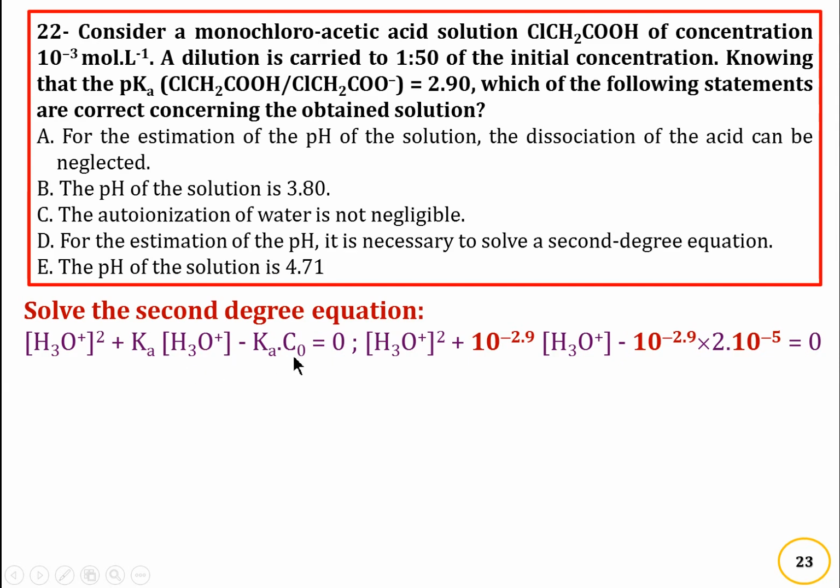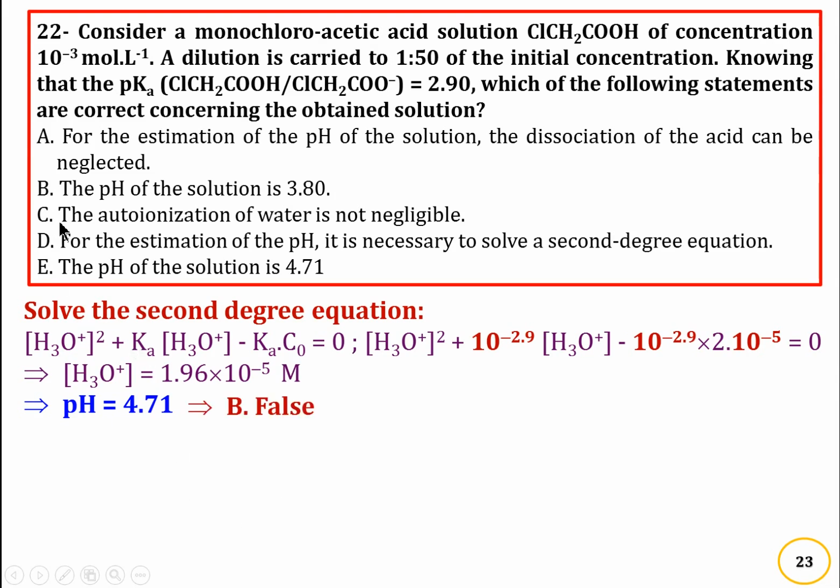Put Ka and C0 in their values. You will find [H3O+] in the final solution equals 1.96 times 10 to the minus 5. pH of the final solution equals minus log [H3O+] in solution, so equal 4.71. So B is incorrect. B is false.